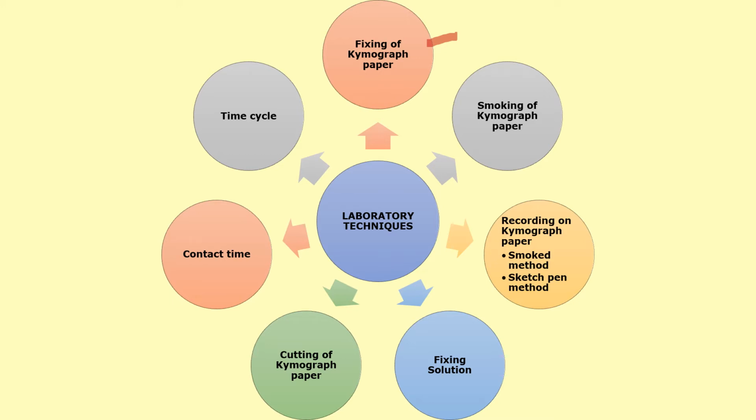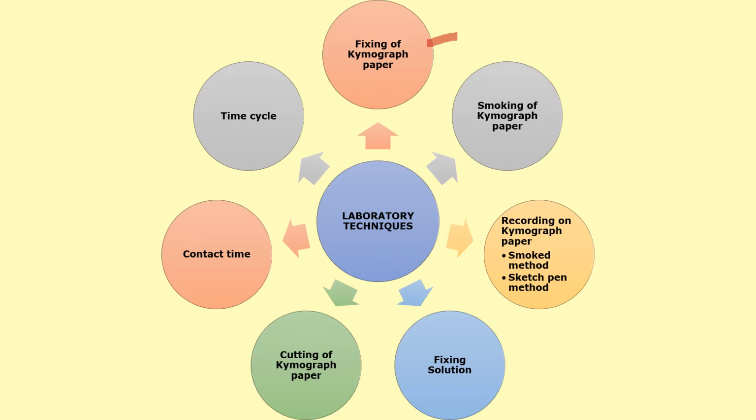Therefore, only both the end parts of the kymograph paper should be stuck on the Sherrington recording drum. The remaining parts of the kymograph paper should not be fixed on the Sherrington rotating drum and device.